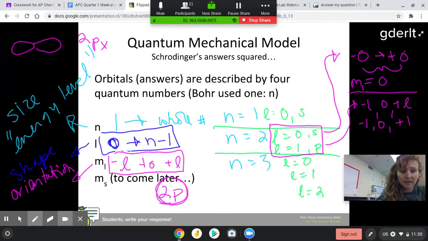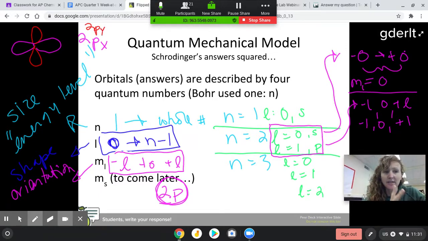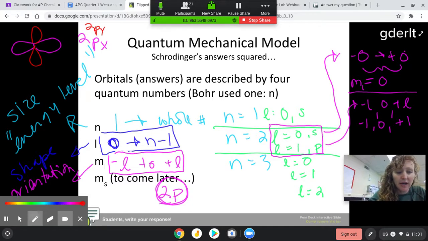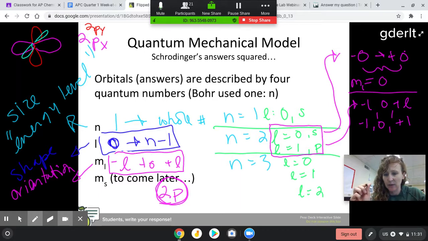Let me do it in a different color. 2py orbital looks like that. Same shape, same size, different orientation. My 2pz orbital would come like forward and go back. A Z is usually like in the plane.